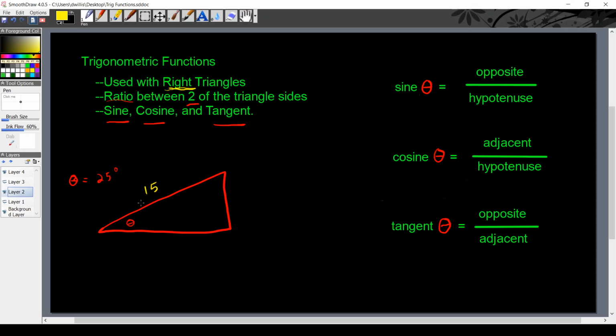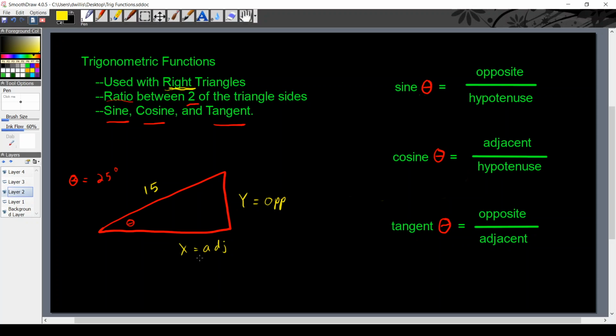And so what we'll do is we'll look at that, and now this side over here, I'm just going to call this side y because it's vertical, and I'll call this side x. Now y happens to be the opposite side, and x happens to be the adjacent side.